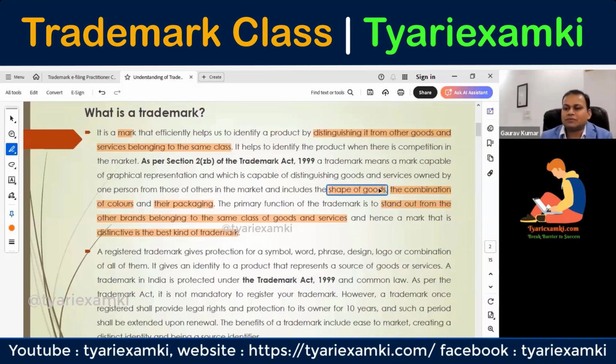So what the trademark basically gives you is a clear distinction between two products under the same class, and it helps you to fight the competition also. Okay.